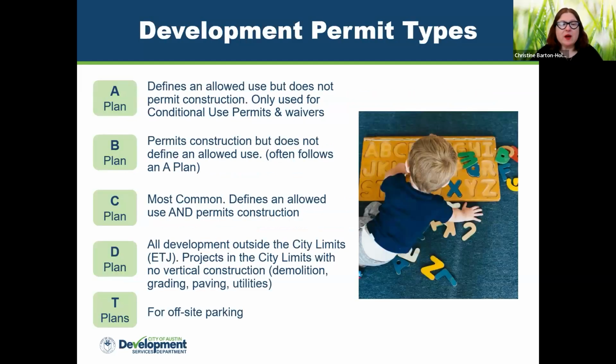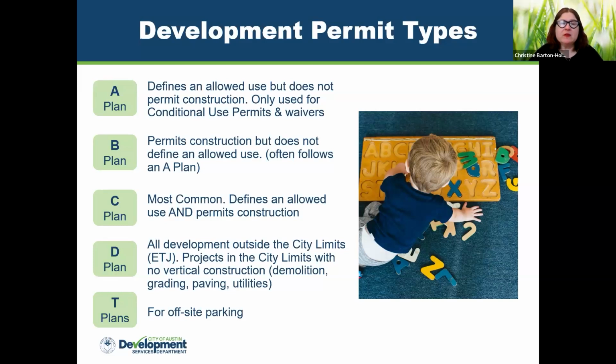So we have really 4 types of development permits now, and these are what determine what gets built, how the entitlements are approved. The A plan just allows a use. It's use only, no construction. The B comes after the A, and that does permit construction, but it doesn't define what use is allowed.